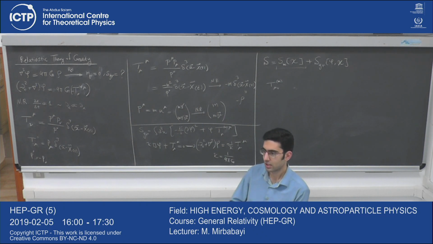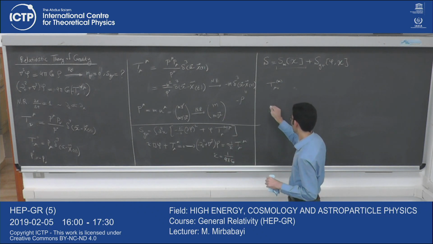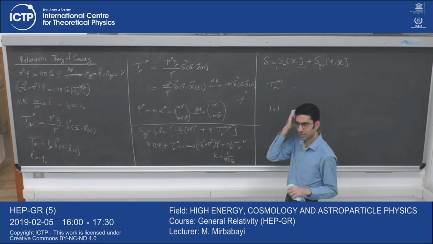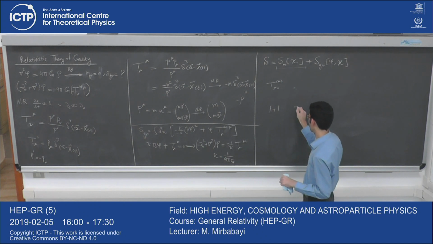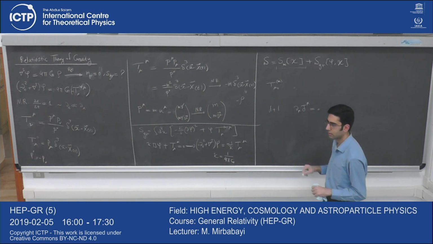If you have an action and you have a symmetry, then the Noether theorem gives you some conservation law. Now, if your action is defined in d plus one dimensions, then in general you will get a conservation law like this from Noether theorem.